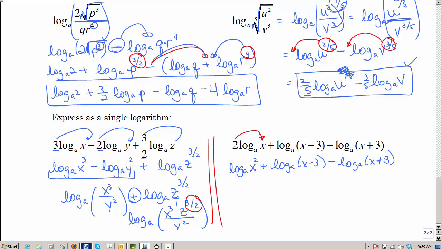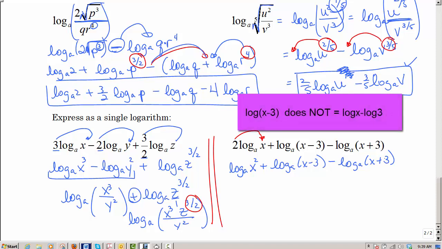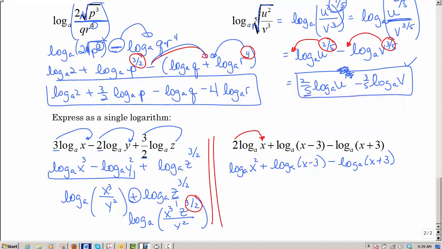Now look at this example. You cannot distribute a logarithm. We have no rules that say that. So this is just the log of x minus 3. But we can express it as a single logarithm. These two have pluses, so I can multiply them together.